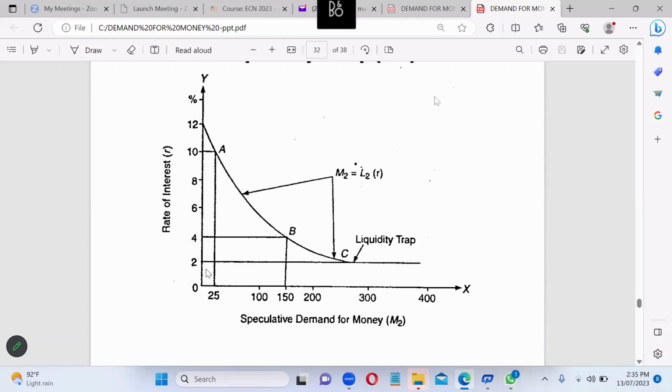The lower the interest rate we face in the economy, we don't invest. We hold the money for a long period. That is called a liquidity trap.